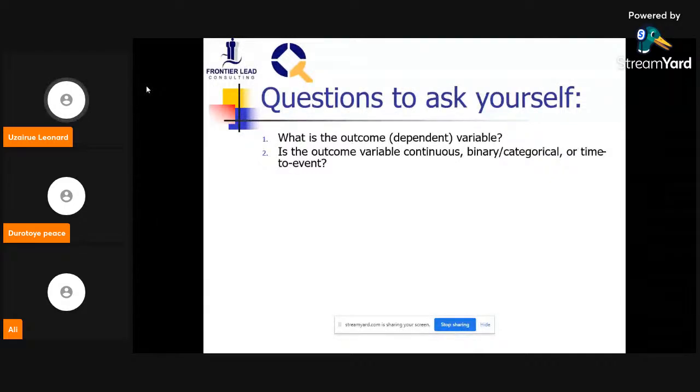And I used the issue of malaria and risk factors to explain that to Mr. Ali yesterday.